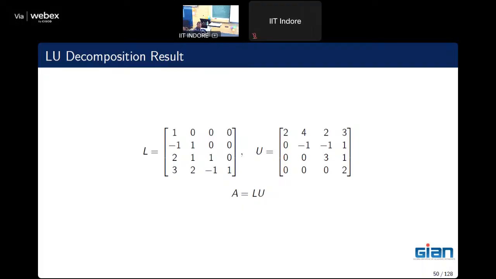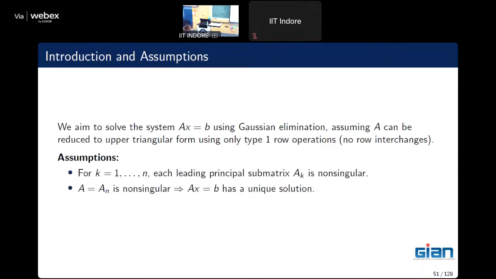So we got the LU decomposition. And if I extract the diagonal into the D matrix, then the diagonal of the unit matrix will be 1, 1, 1. Clear?